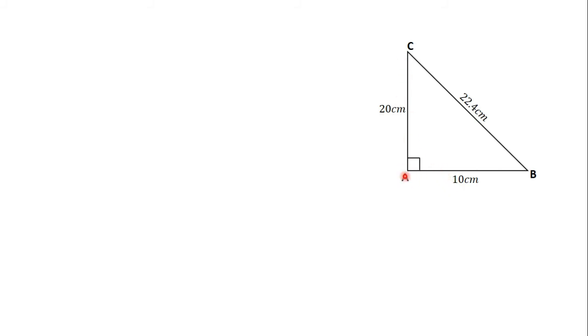Now look at it very well. We have AC, we have AB, we have BC. We know all the sides, so we can find the perimeter. We learned that the perimeter of a triangle is the sum of the distance around the triangle. So the perimeter of this triangle here is the sum of the length AB plus the length AC plus the length BC.